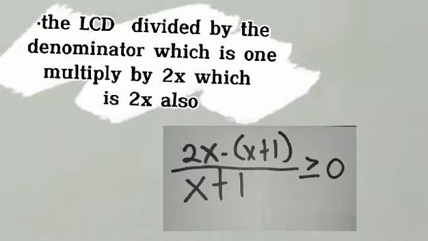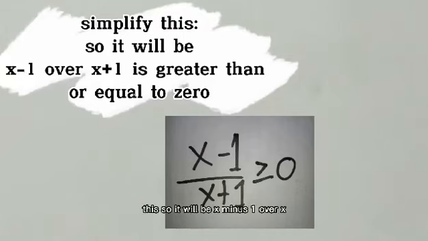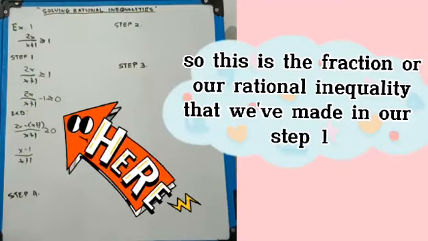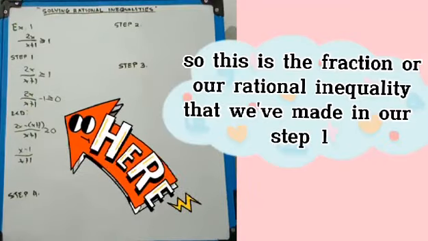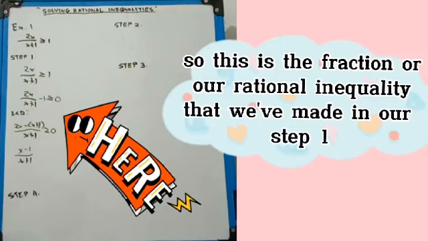Divide the LCD by the denominator, which is 1, then multiply by 2x, which is 2x also. Simplify this, so it will be x minus 1 over x plus 1 is greater than or equal to 0. This is the rational inequality that we've made in step number 1.